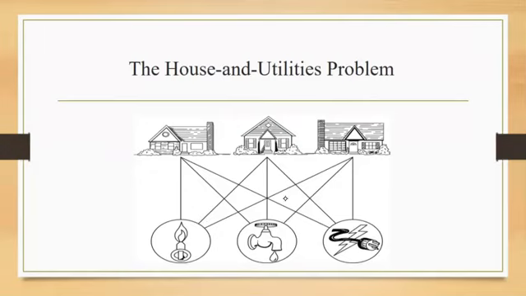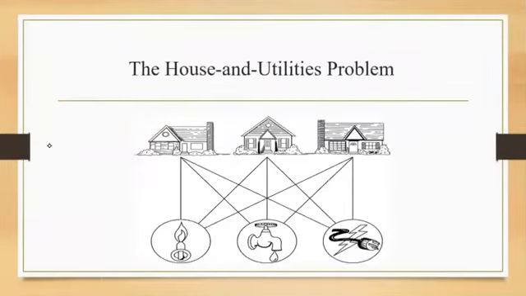So this problem can be modeled using the K3,3 complete bipartite graph. If you notice, if each of the houses is considered as a vertex and these three services are also considered as vertices, then each of them is connected to every vertex of the other set.